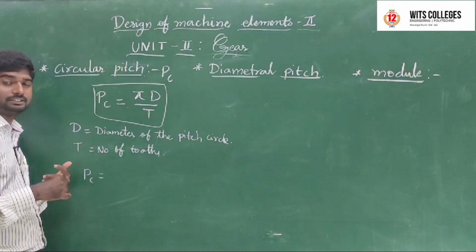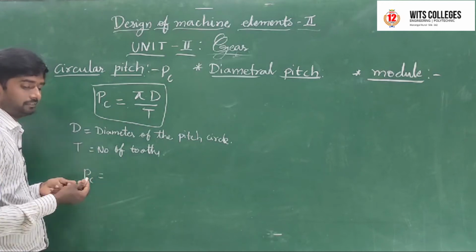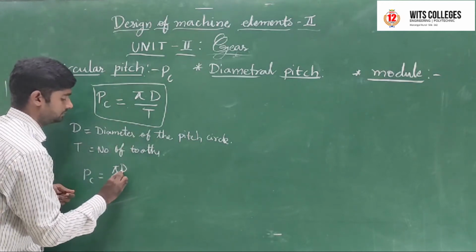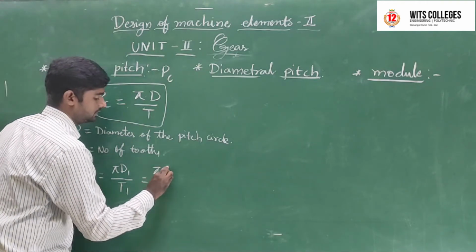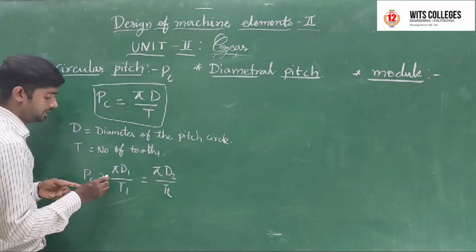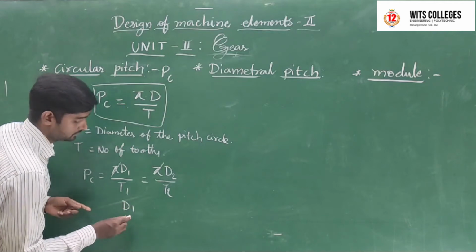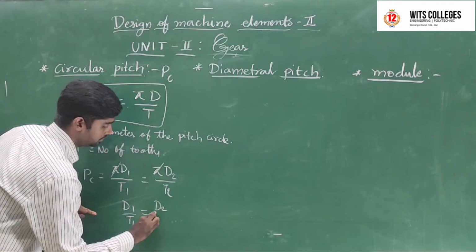In any gear drive there are two gears. So first one is pi d1 by t1 is equal to pi d2 by t2. In this one pi cancels. Then d1 by t1 is equal to d2 by t2.